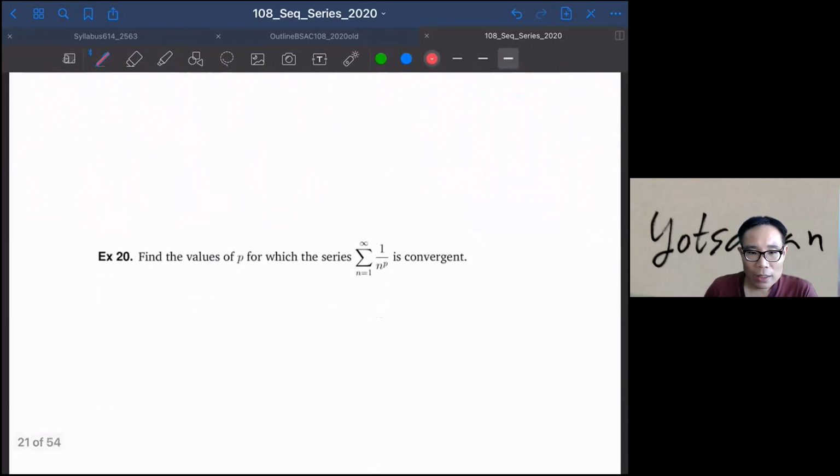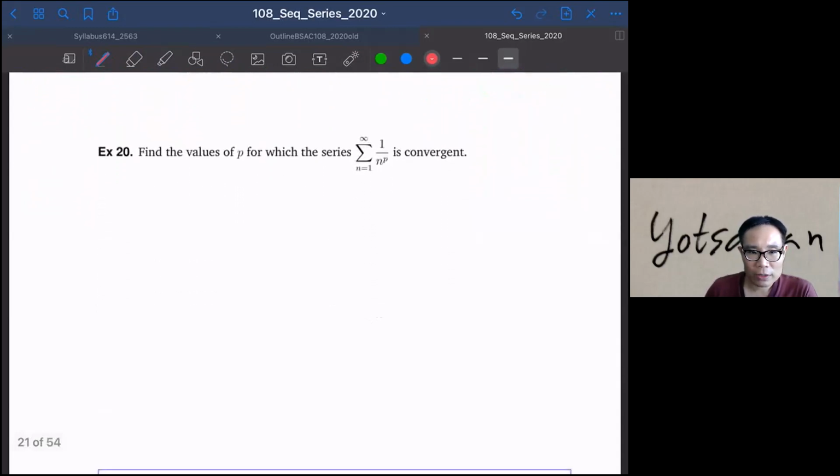The next one is your example 20 here. We would like to find the values of p for which the series is convergent. So we would like to check whether this is convergent or divergent. We're going to consider this series in several cases.